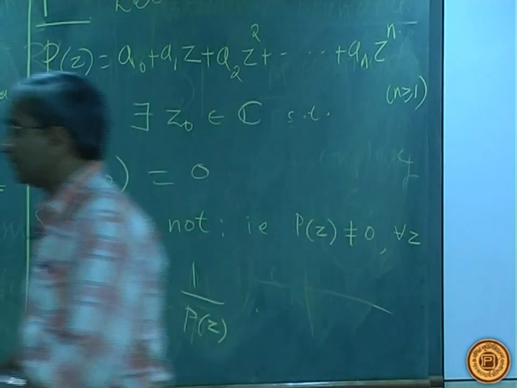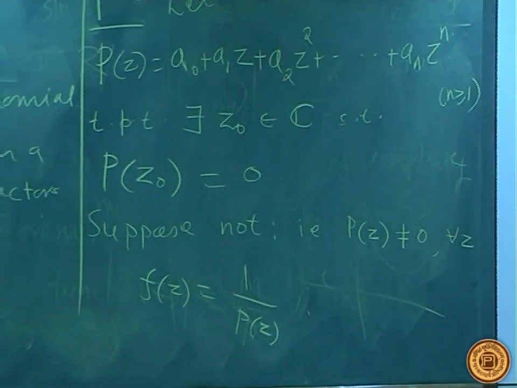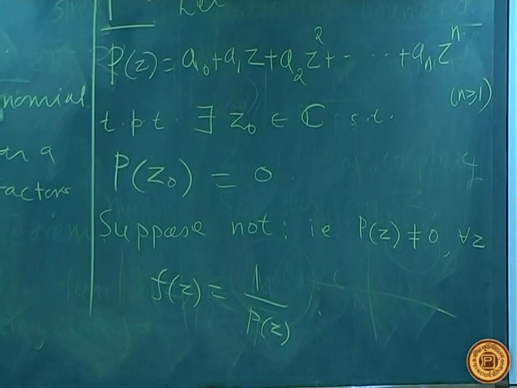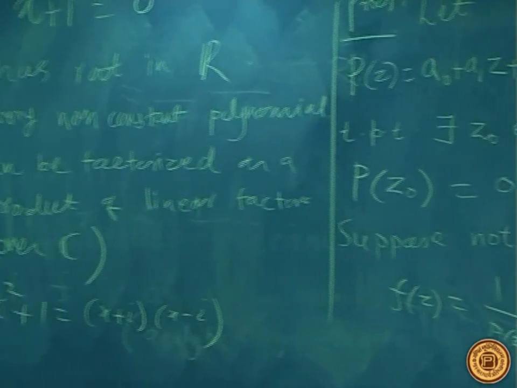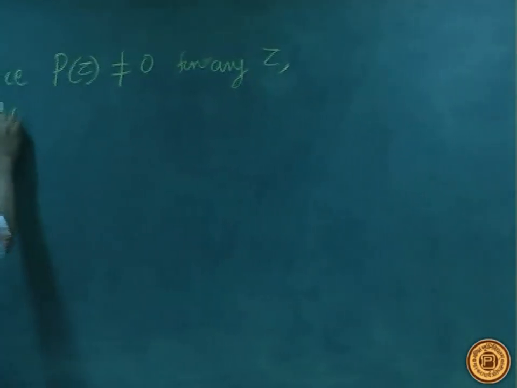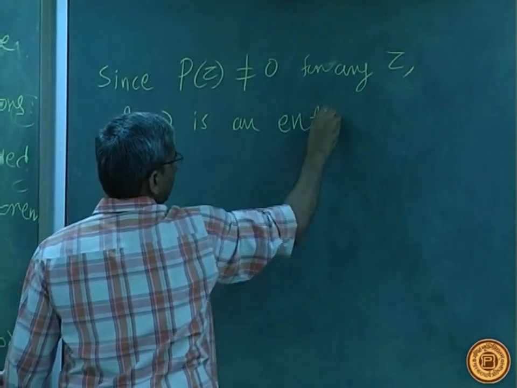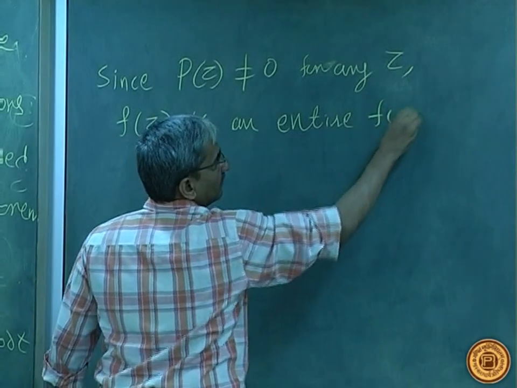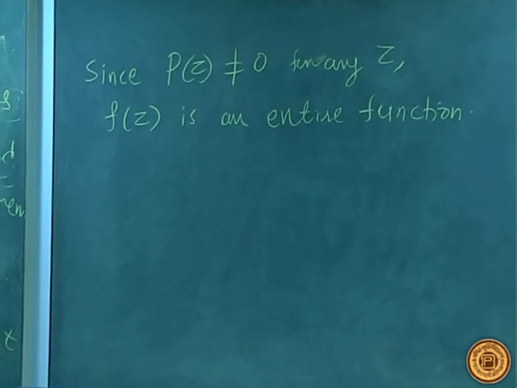So since P(z) is not equal to 0 for any z, f(z) is an entire function. Is this clear?